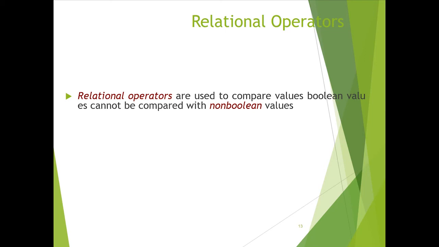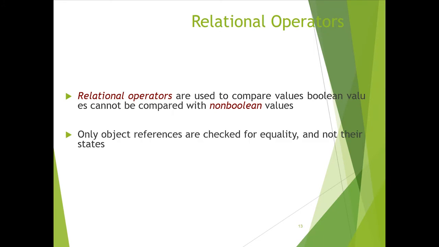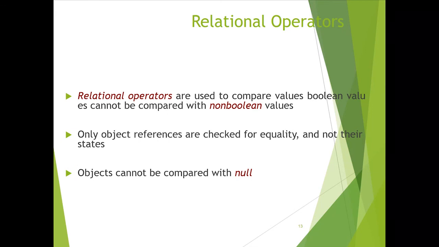How can a variable be a Boolean? It should have a Boolean data type. Boolean data types only hold two values, which are true and false. Clear? The object references are checked for equality and not their state. And objects cannot be compared with null. Question: what is the difference between 0 and null? Anyone?